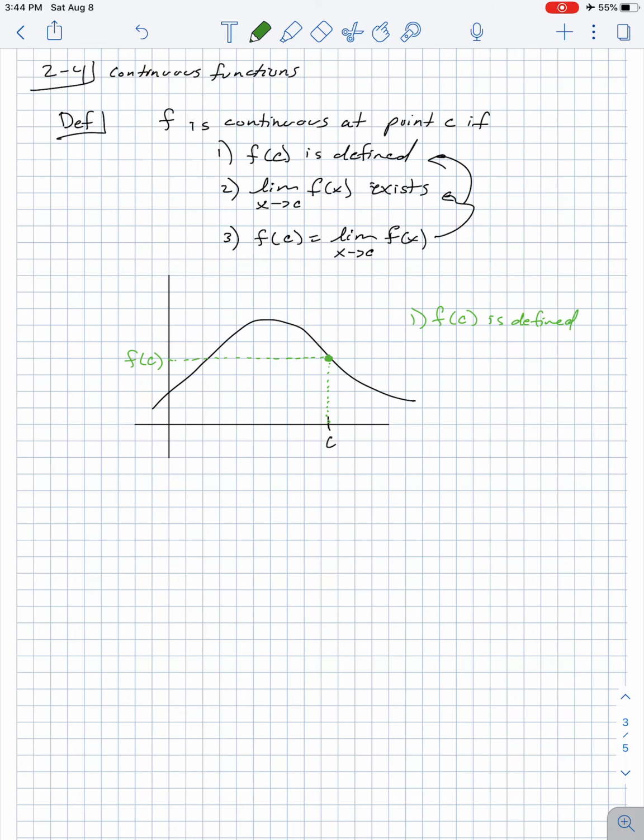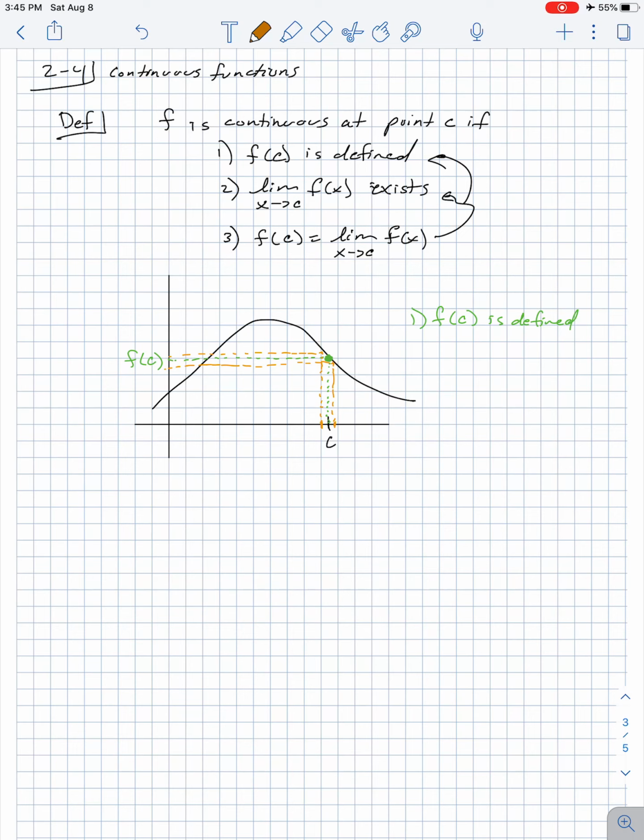Or it exists. The next thing that we're going to look at is the limit. The limit says, I want you to go a little to the left of C and go up to the function. Where are you? And a little to the right of C and go to the function. Where are you? And what are you real close to?